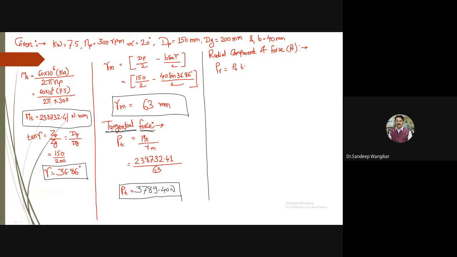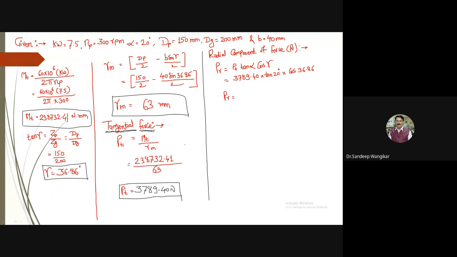So PR is 3789.40 into tan of 20 degrees into cos of 36.86.